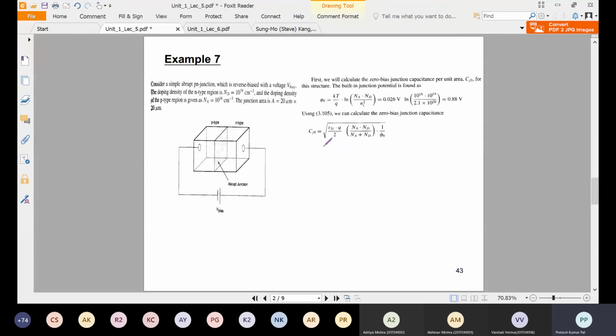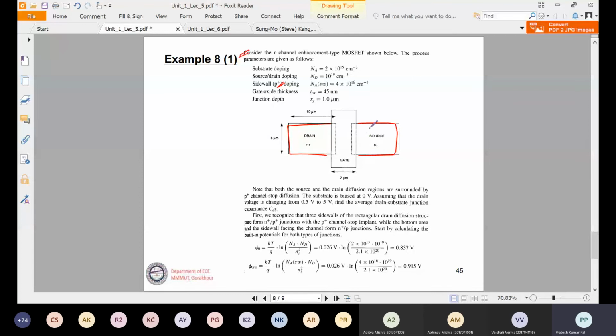At that side wall there will also be a junction capacitance, the side wall capacitance, consisting of the P plus region alongside the channel, the drain and source region.